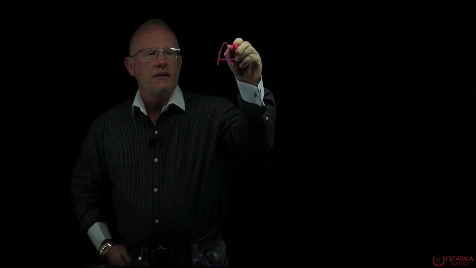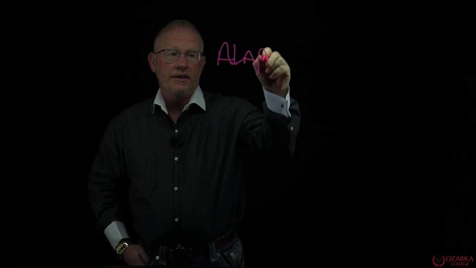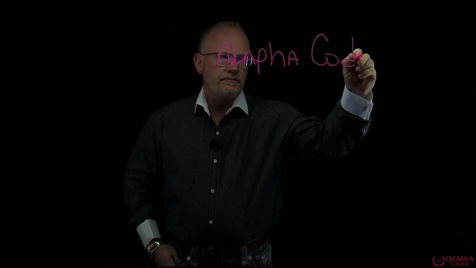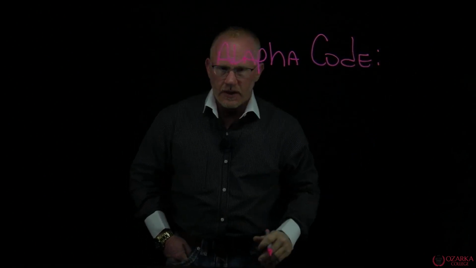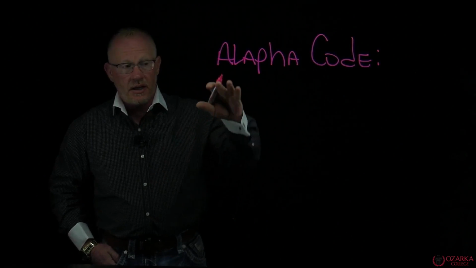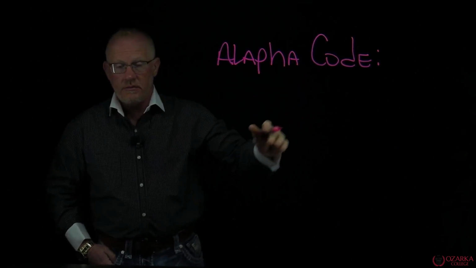There are. But how do you know if you got the current ATIS report? Well, each ATIS report is denoted by an alpha code. Each ATIS report has an alpha code assigned to it.